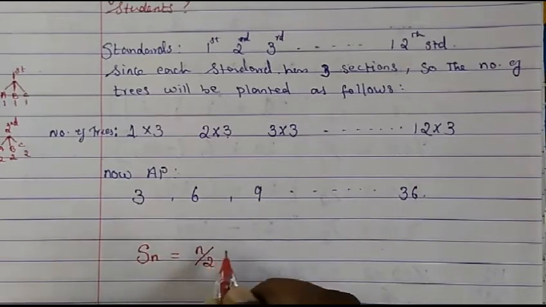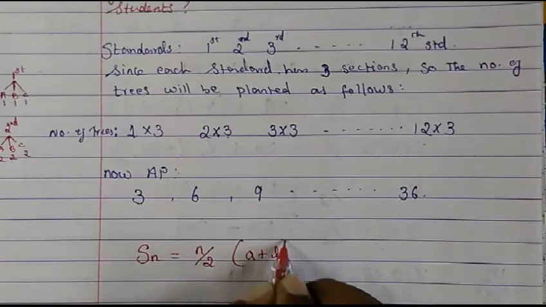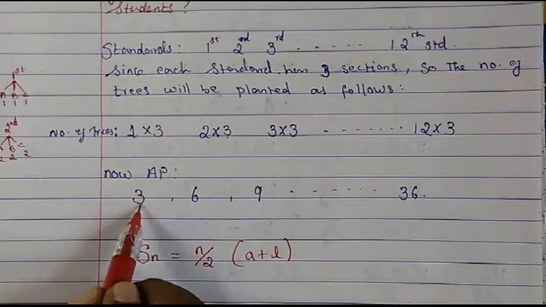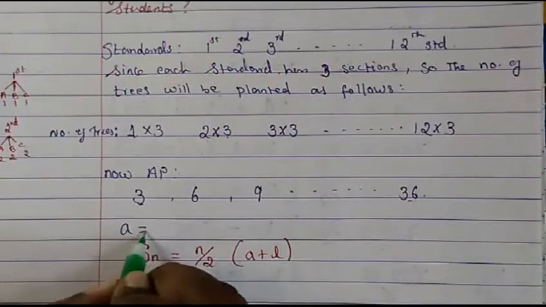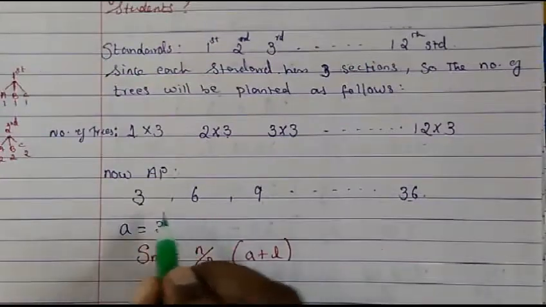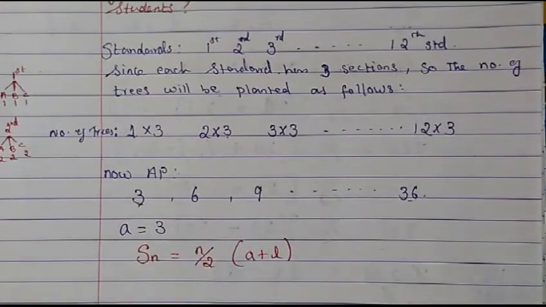We take the first formula, that is n upon 2, (a plus l), because we know the first term, that is a, and the last term, that is 36. a is 3, this is the first term.